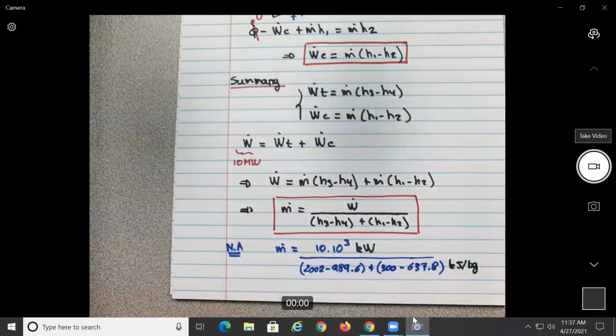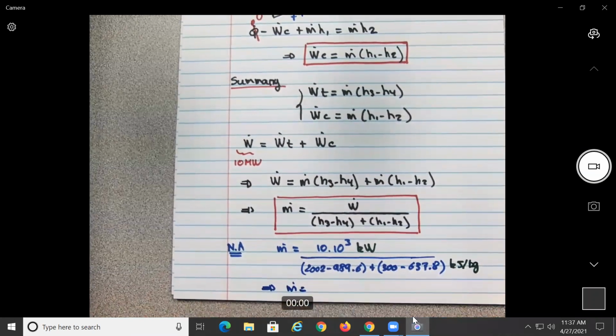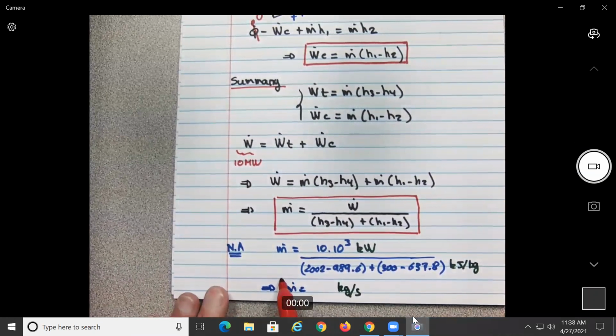So this time, hopefully we did not do any mistake, or I do not do any mistake. This should give you, what was the 14 point something kilograms per second, but can somebody do the calculation, please? 14.82.